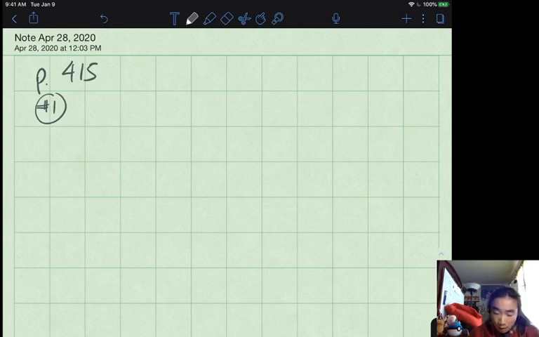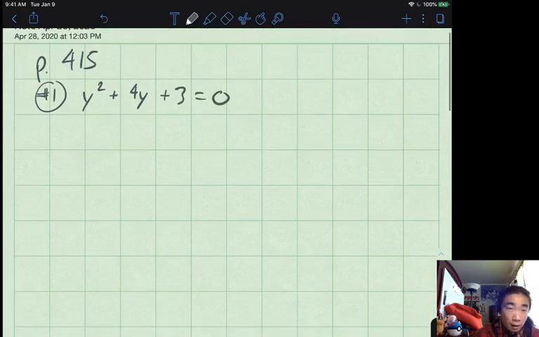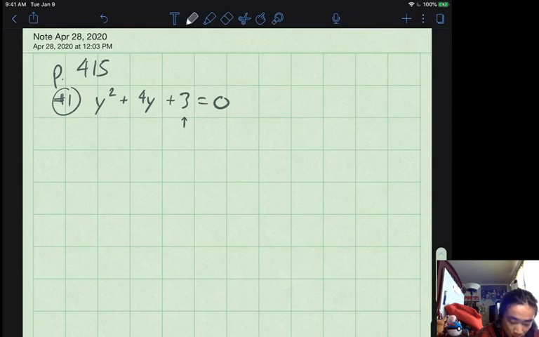Okay, the equation looks like y squared plus 4y plus 3 equals 0. And right now, you already know one way of solving this, that is with factoring. You see that my factors of 3 are 3 and 1. Together they add up to 4.